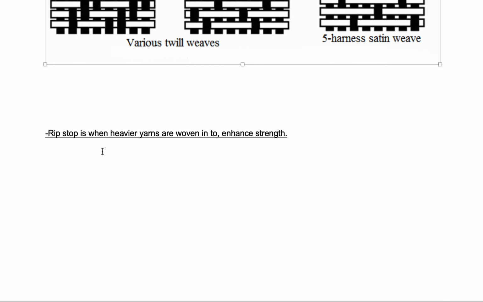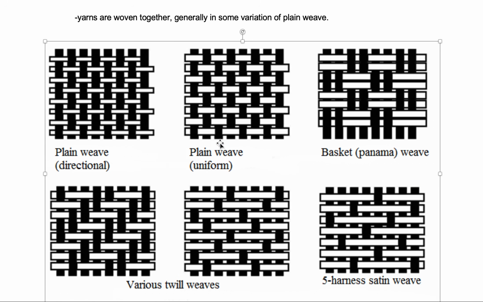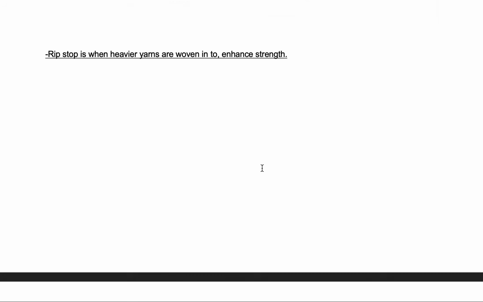Ripstop is a type of weave, and it's essentially where in the plain weave, every 5 or 10 or 20 yarns is a heavier denier. So if you've got a plain weave that's 20 denier, then you would have every 10th yarn in both directions be 70 denier or something like that, and that would be your ripstop.